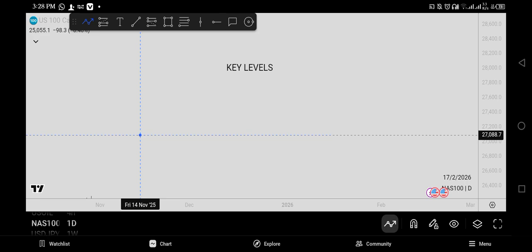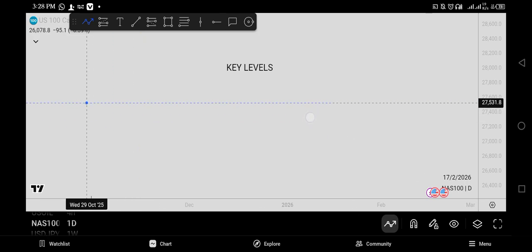Demand is areas that you want to buy from and supply is areas you want to sell from. However, these key levels are points of interest that help us further confirm our buy or sell biases.